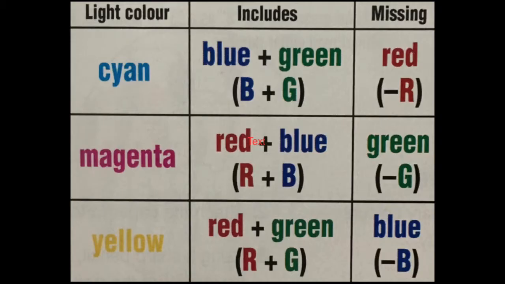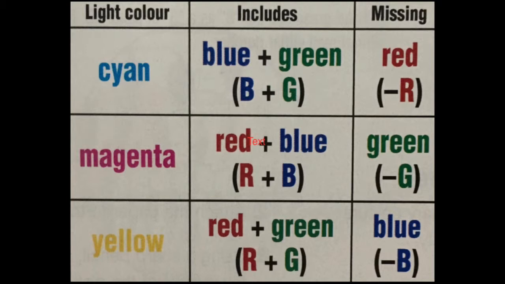Subtractive primary colors. Now, take a closer look at the secondary colors, cyan, magenta, and yellow. These colors are called subtractive primary colors because some portion of the white light has been removed in order to produce each color. Cyan is missing only red light.